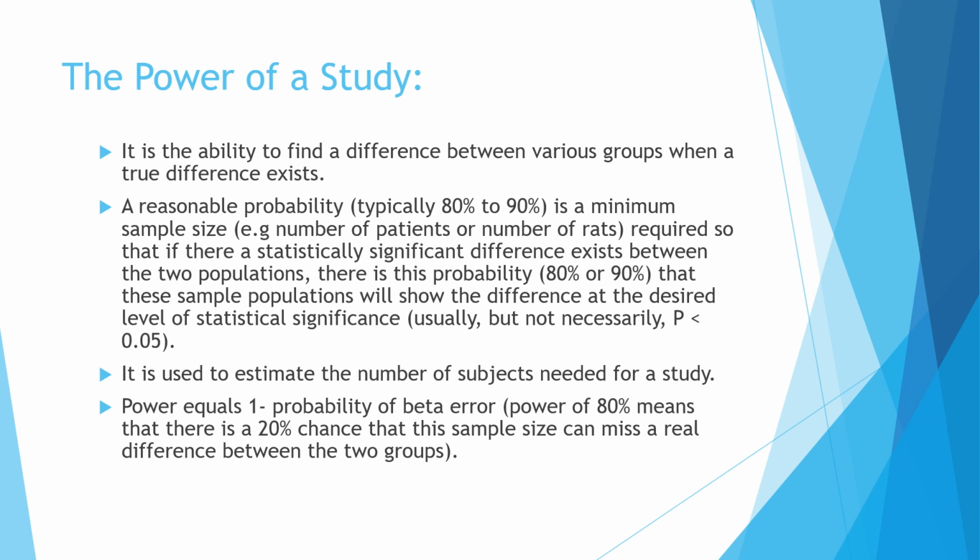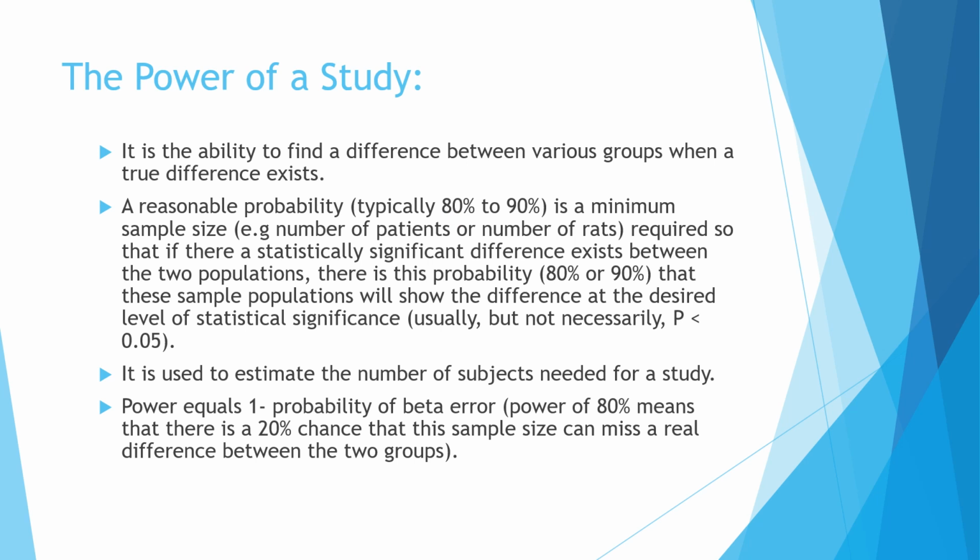So the power is something that we decide on. Let's say that you want a power of 80%, and then you put the p-value, usually 0.05, and then you run some statistical equations, and you get the sample size that you need to have 80%.